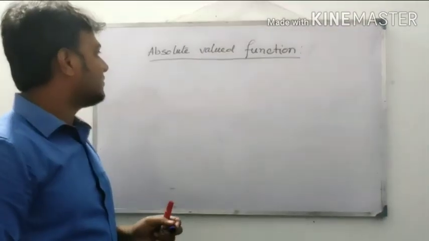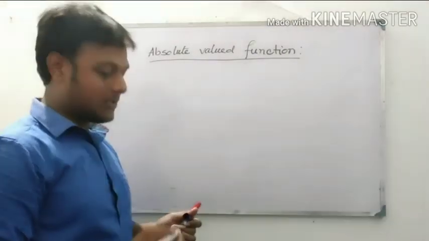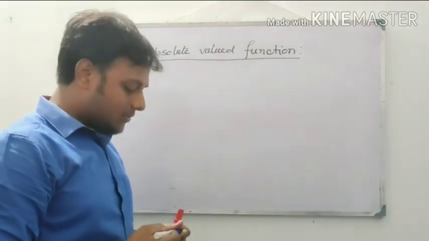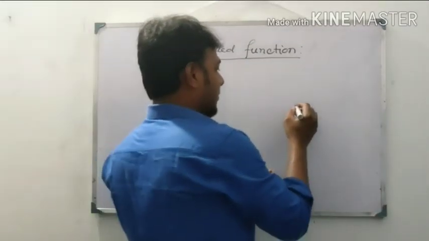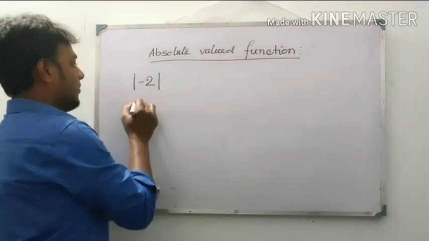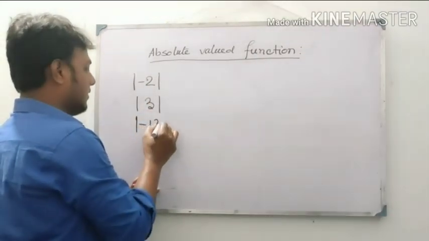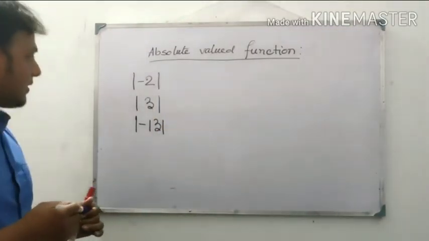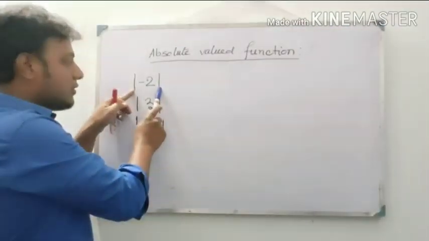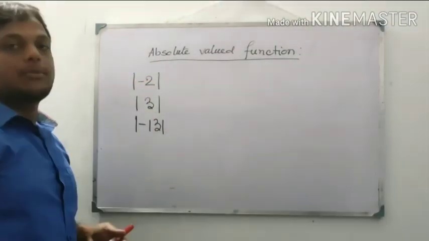I hope all of you have used this concept. Suppose I am asking you what is the value of mod of minus 2, mod of 3, mod of minus 13. This mod generally we use to make the number positive or consider the absolute value.